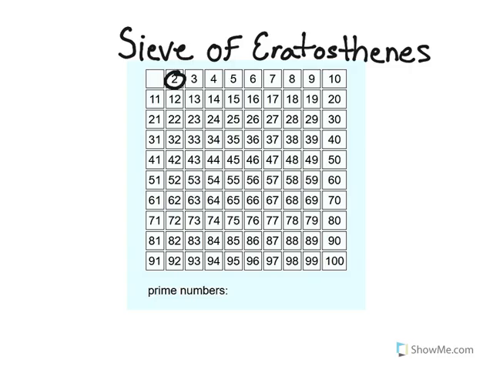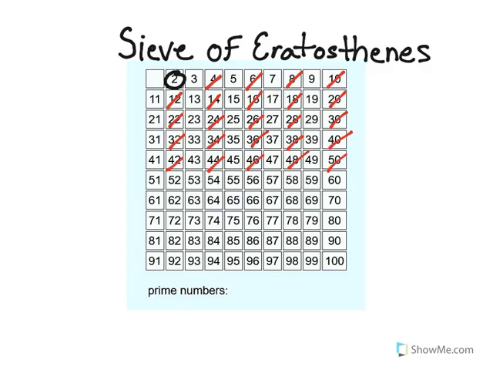Basically what we do is we circle the first prime number, 2, and then we cross out multiples of 2. Okay, so 4, 6, 8, 10, 12, 14, 16, 18, 20, 22, 24, 26, 28, 30. And we can cross out pretty much every number in these columns.